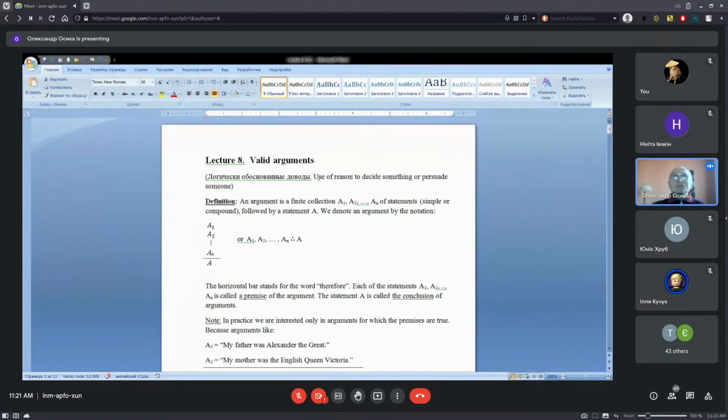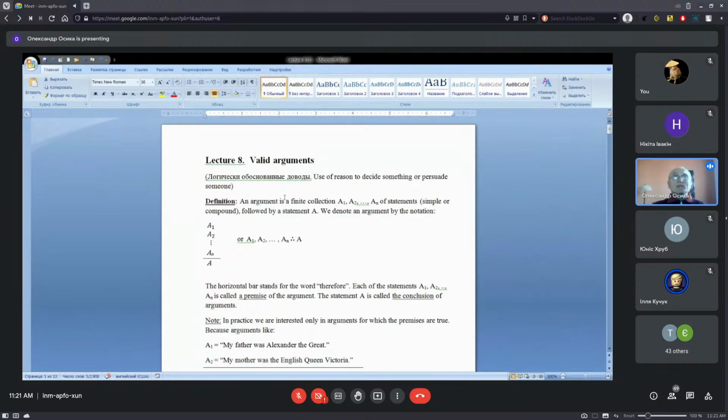Or in English, use of reason to decide something or persuade someone. Definition.